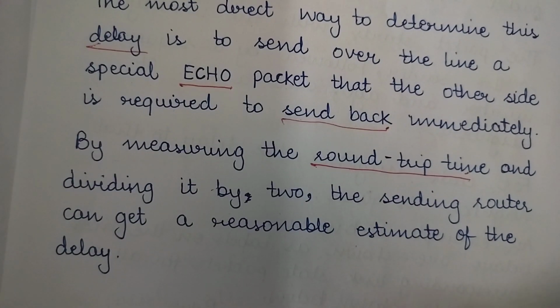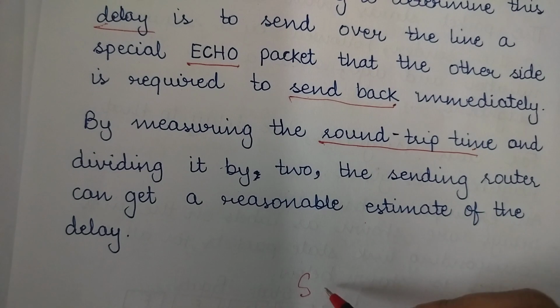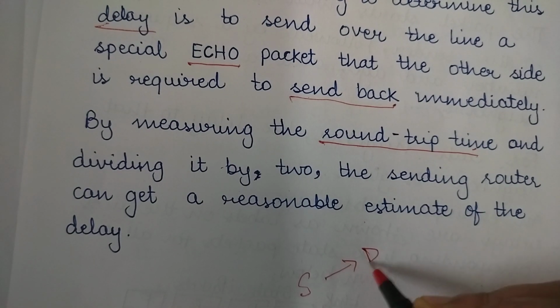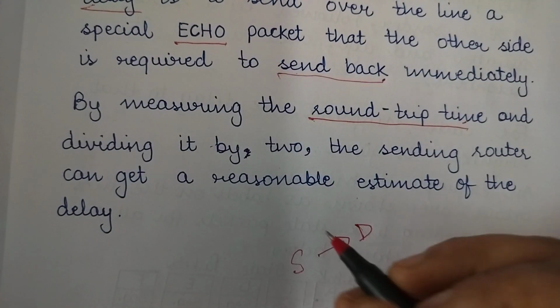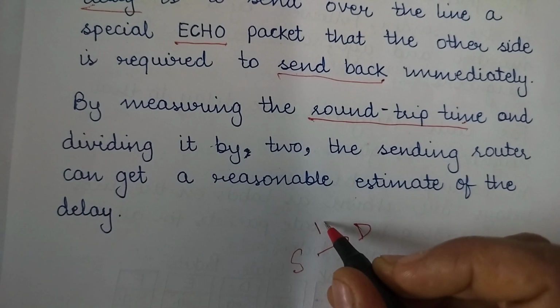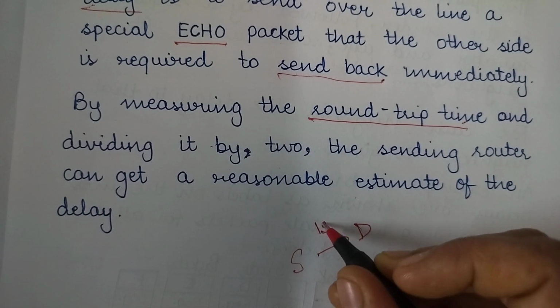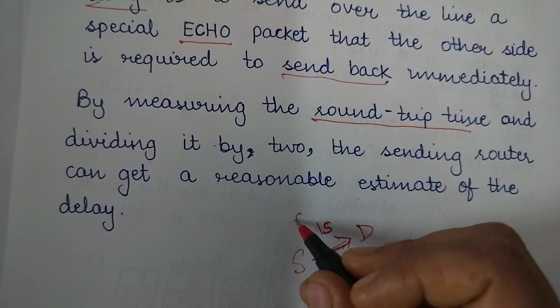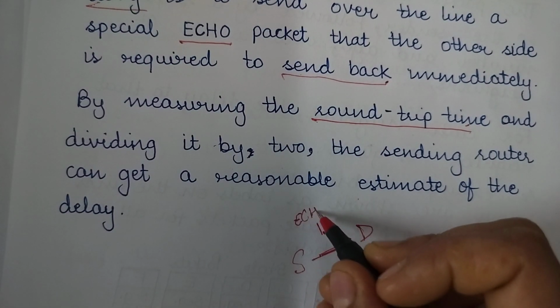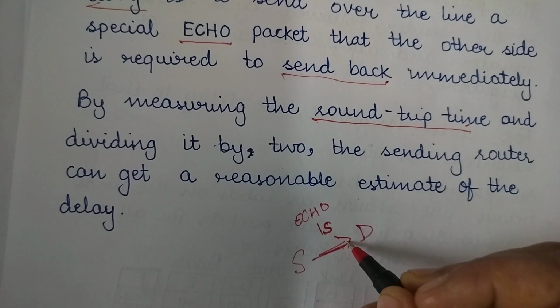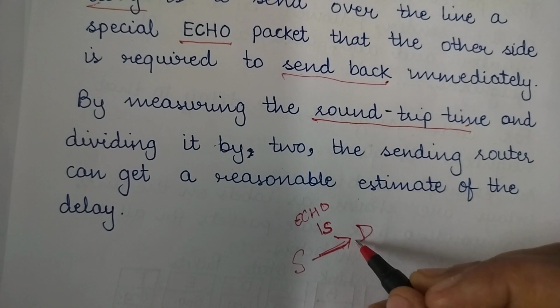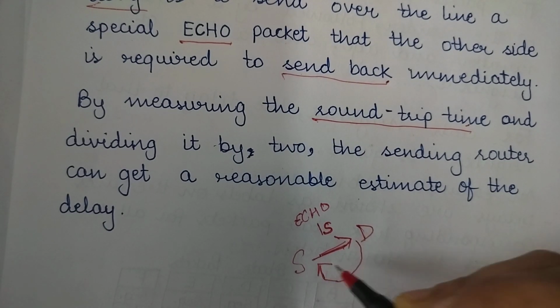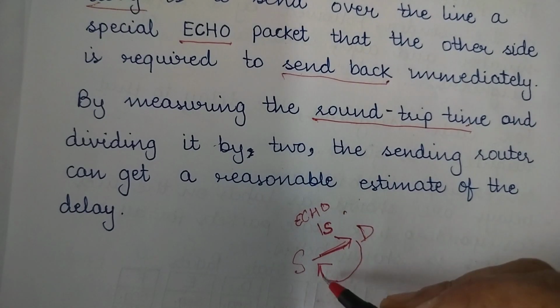So for example, if this is the source router that sends the packet to the destination router, and I assume that 1 second's time is taken to send the echo packet from the source to destination, and then the destination router is expected to send back this echo packet to the source.